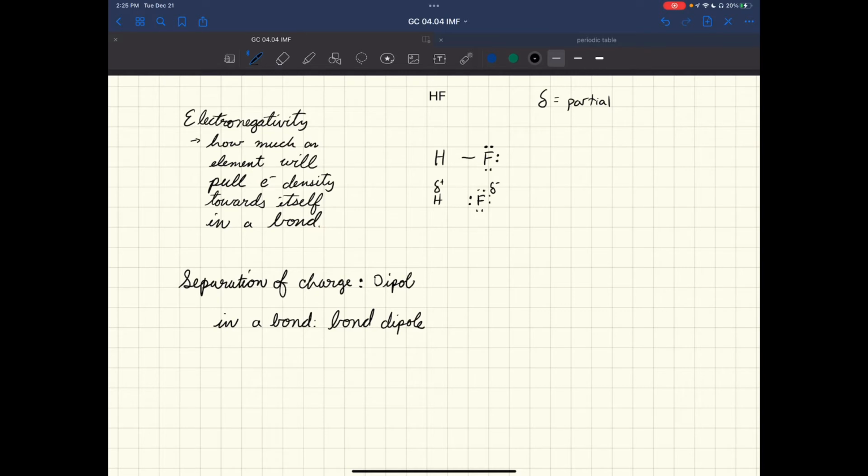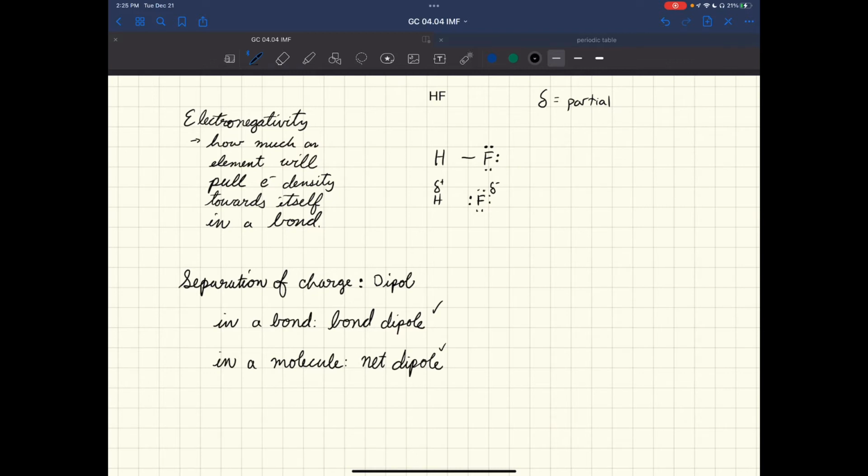And when it's in a molecule or a compound, we call it a net dipole. So this compound, HF, has a separation of charge within a bond, the bond between the hydrogen and the fluorine. So it has a bond dipole. It also has a net dipole, and we're going to go over how to determine if a compound has a net dipole later, but this one also does.